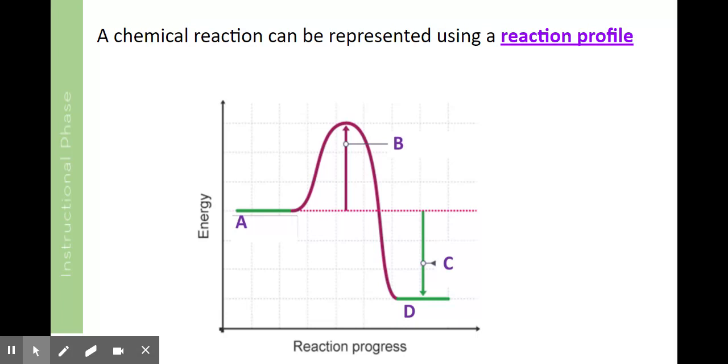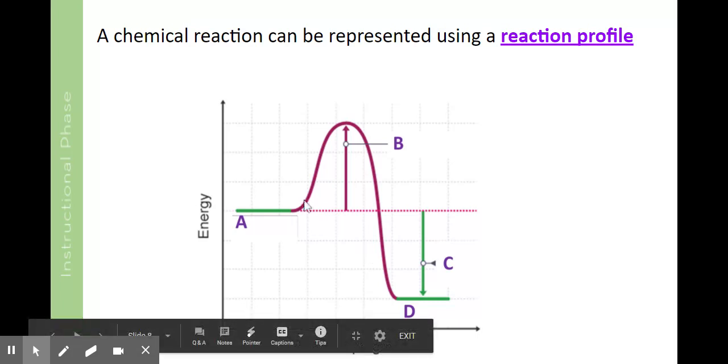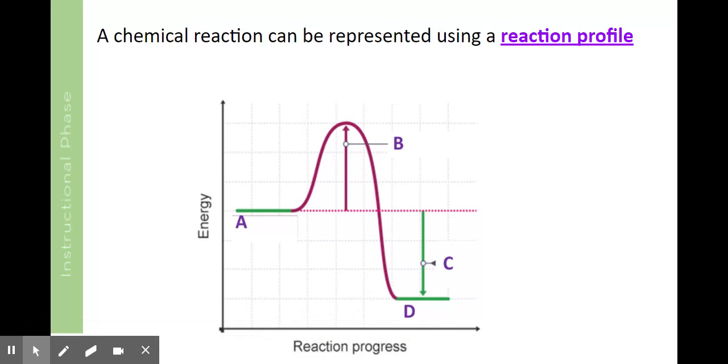So this is a reaction profile that shows an exothermic reaction. It shows the change of energy between the reactants and the products. If my reactants have more energy than my products at the end, energy must have been given out. It is an exothermic reaction.